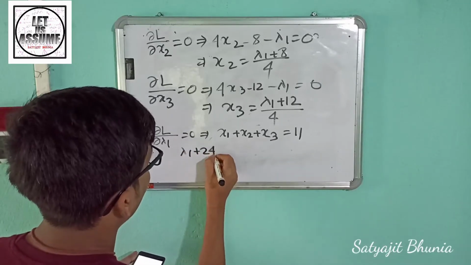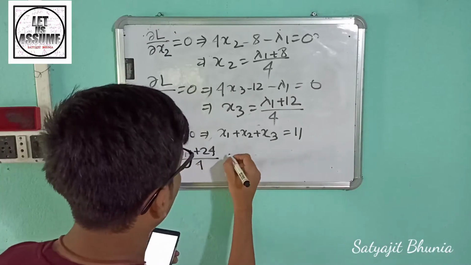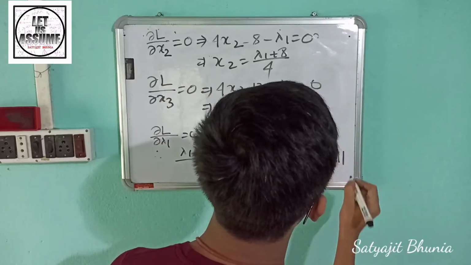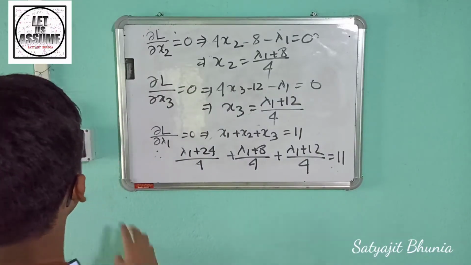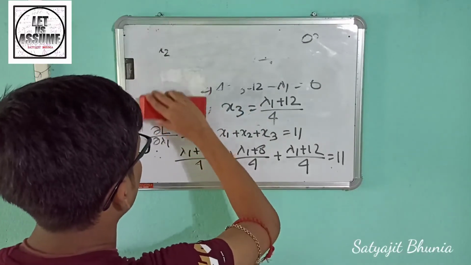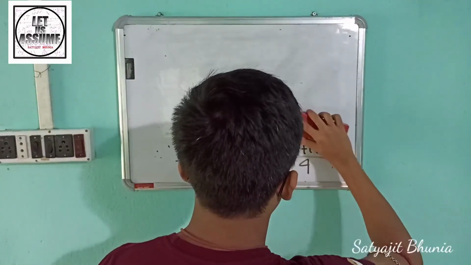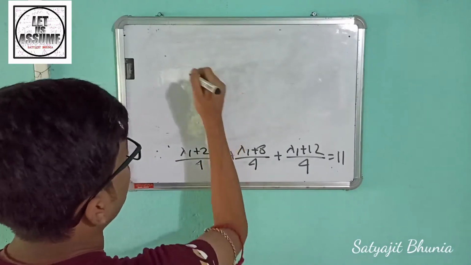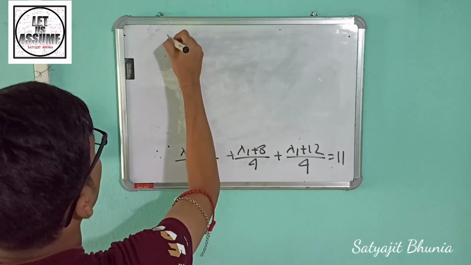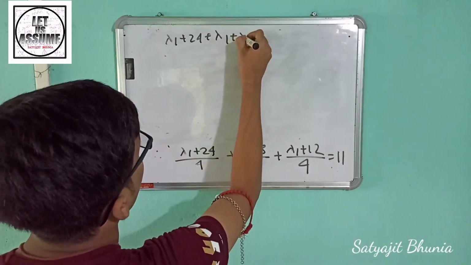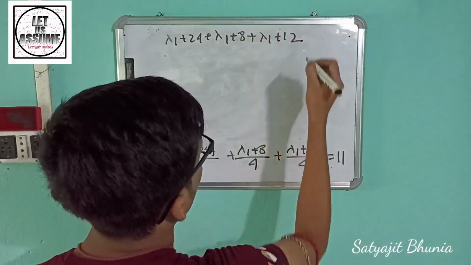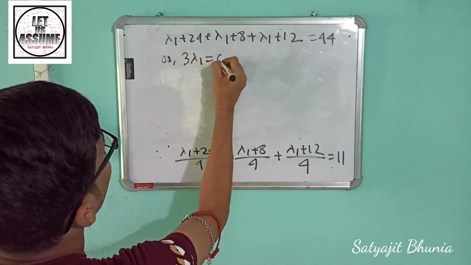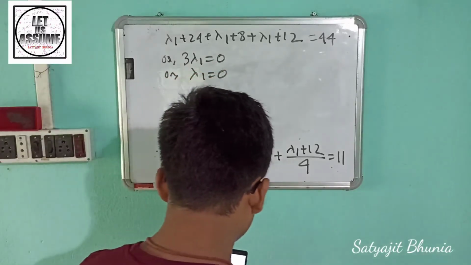(Lambda 1 plus 24) by 4 plus (lambda 1 plus 8) by 4 plus (lambda 1 plus 12) by 4 equals 11, and so this will give lambda 1 plus 24 plus lambda 1 plus 8 plus lambda 1 plus 12 equals 44, or 3 lambda 1 equals 0, or lambda 1 equals 0.